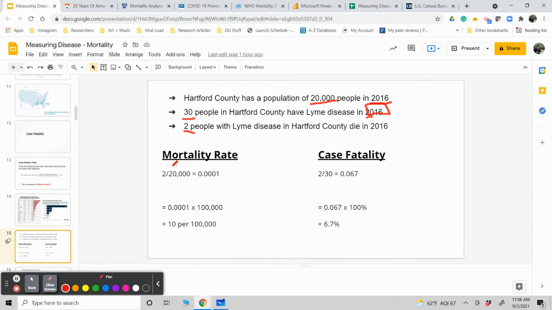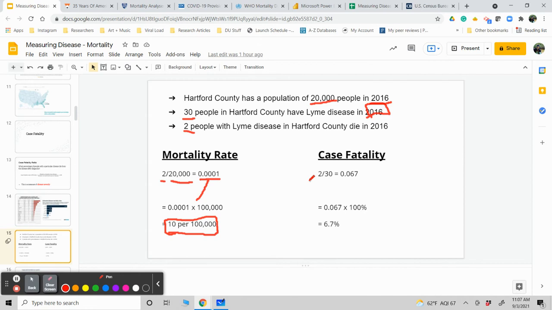So the mortality rate is the number of deaths divided by the size of the population, in this case, 20,000. That gives us a mortality rate. If we wanted to turn this into a nicer, rounder number, we can multiply it by 100,000. And here is our easier to interpret mortality rate, 10 per 100,000.